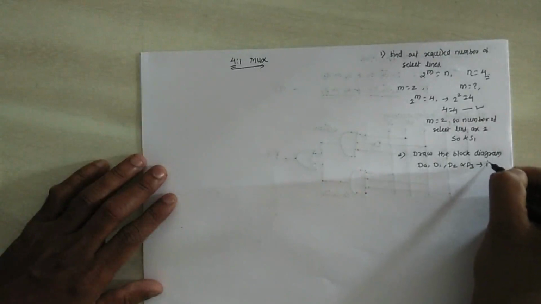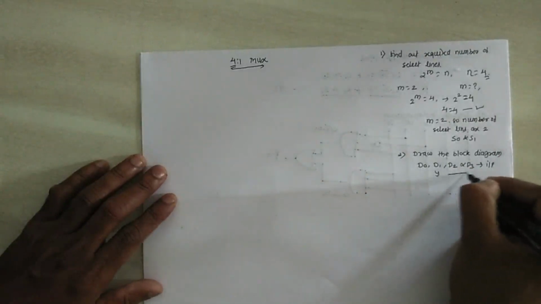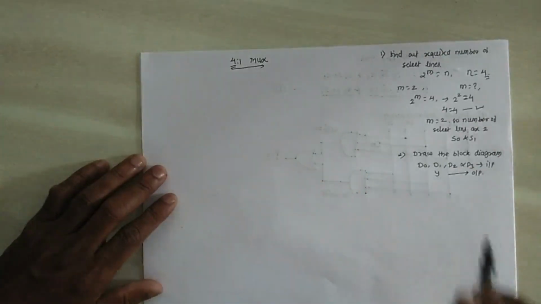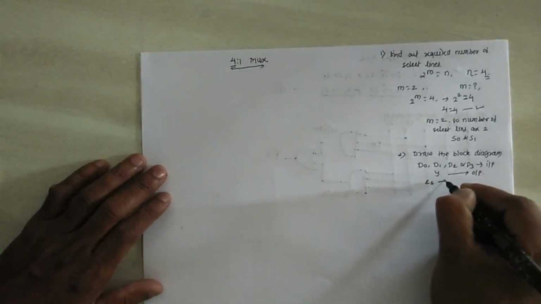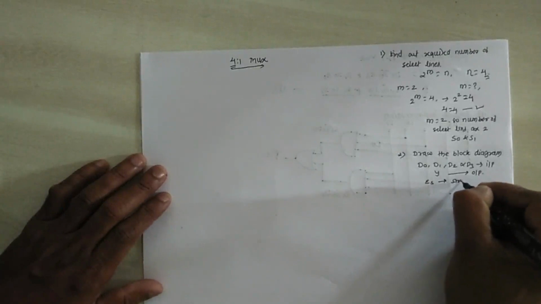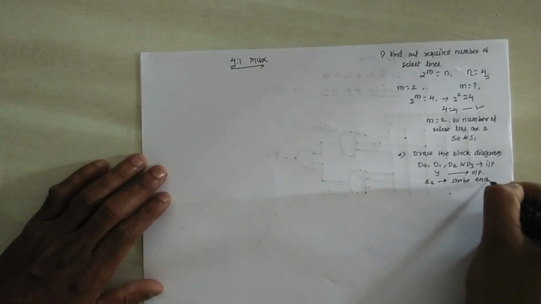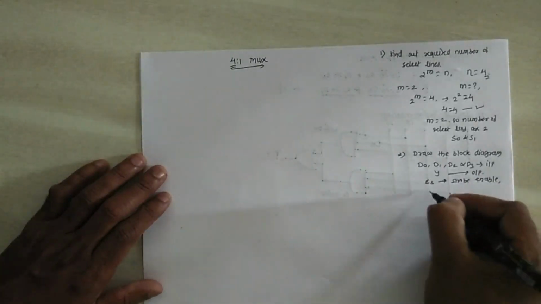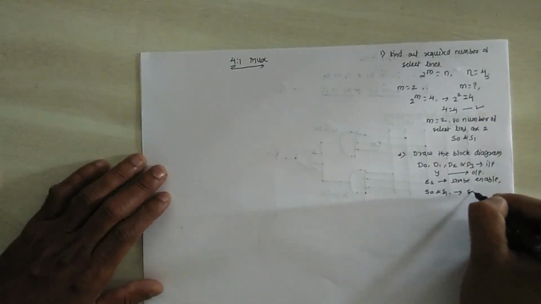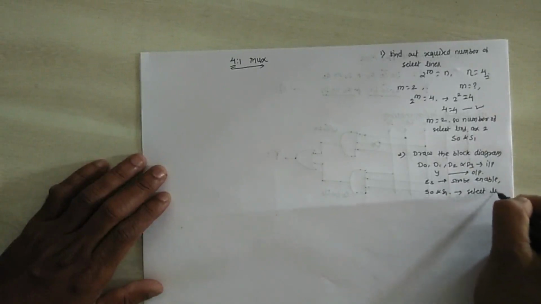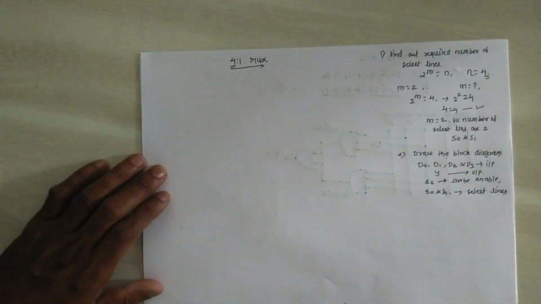These are the inputs and Y is the output. One more, we need strobe enable, that is ES signal. Strobe enable. And next we need select lines S0 and S1. These act as select lines, or you can say control lines for this mux.